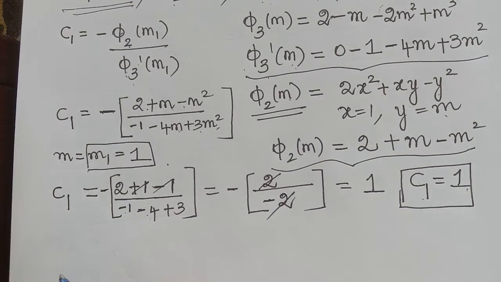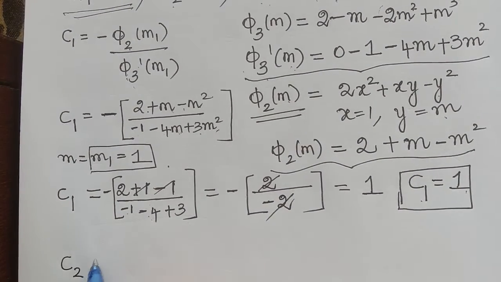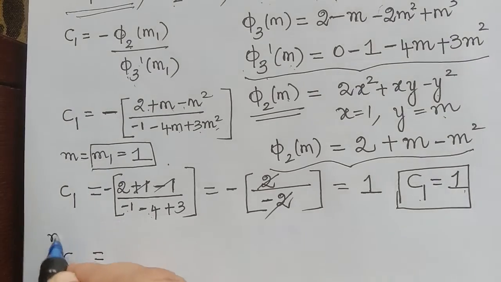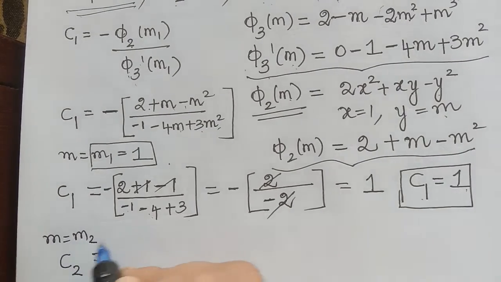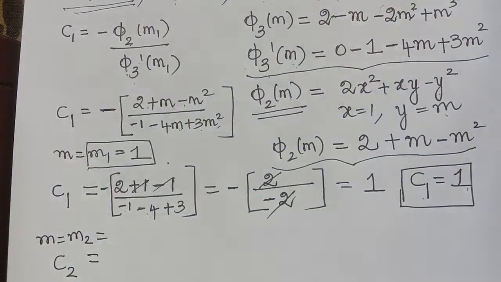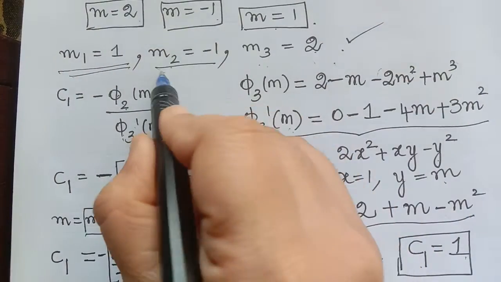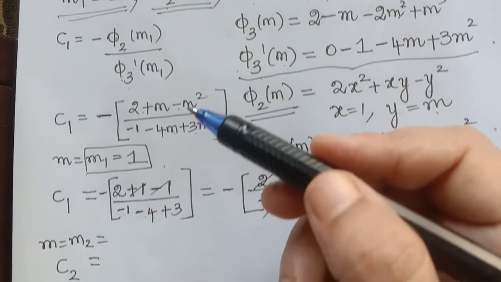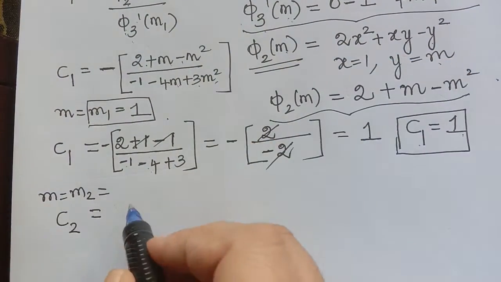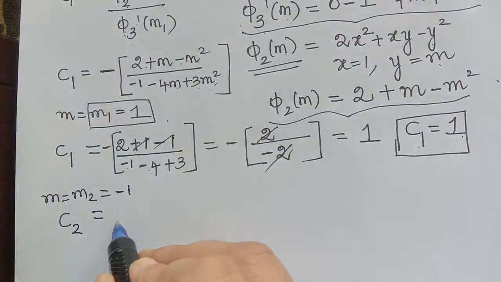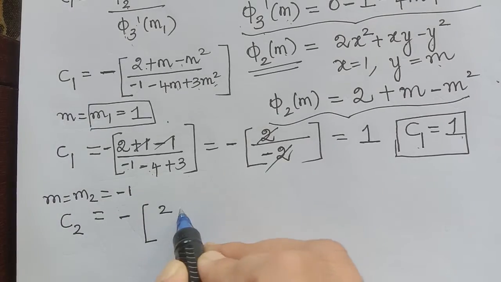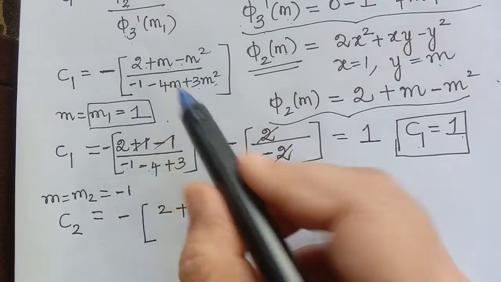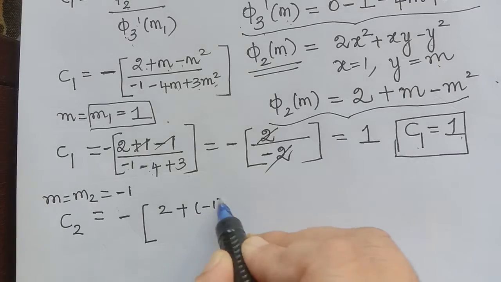Now secondly, we have to find C2, for which we should use M to be equal to M2. What is the value of M2? M2 is negative 1. Now in this we have to use m equal to negative 1. So if you put m equal to minus 1, we get minus of 2 plus, so negative 1, so minus 1.